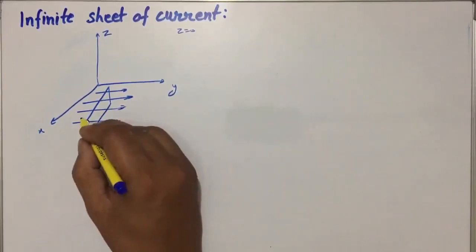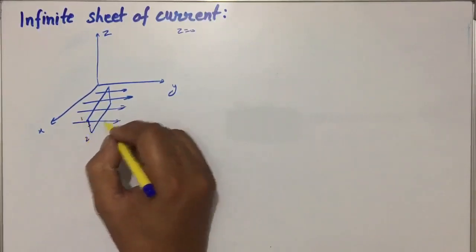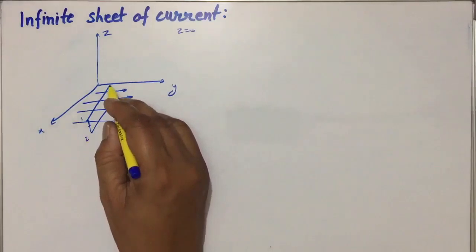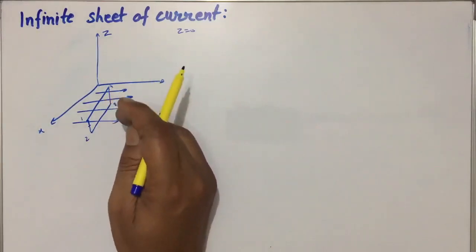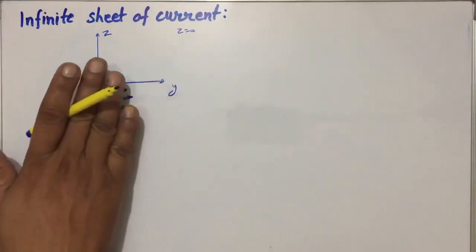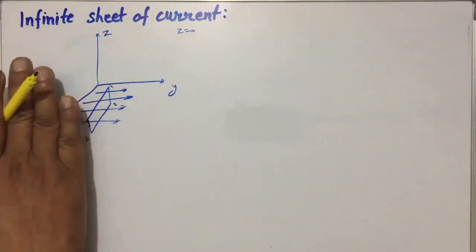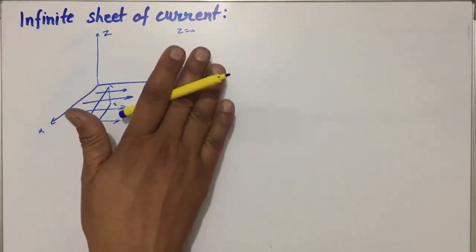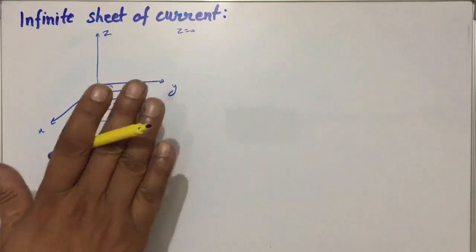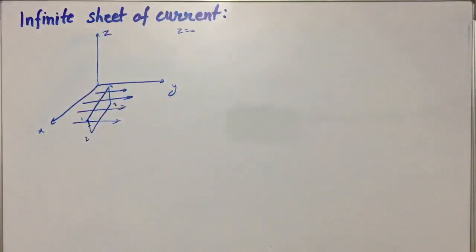We can name the corners 1, 2, 3, 4. Half of the rectangle is above the sheet, and half of the rectangle is below the sheet of the current. So this is the structure.